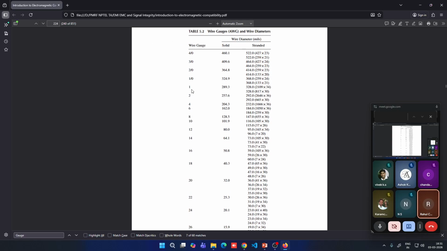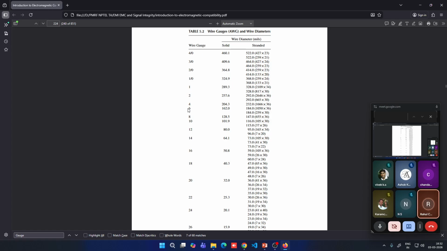So it is a good idea to convert it into mils first, because this is given as a wire gauge. These are the standard values. I can't say there is a 3 gauge wire or 5 gauge wire on my own. These are the standard values, and in the question it will always be one of these values, either 1, 2, 4, 6.